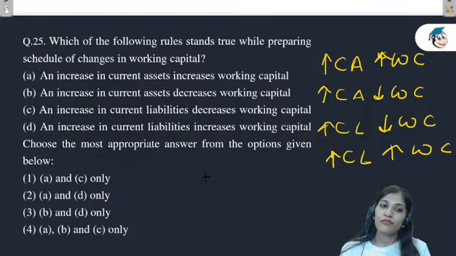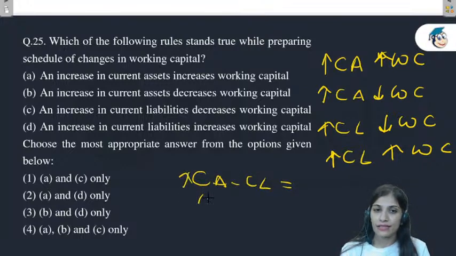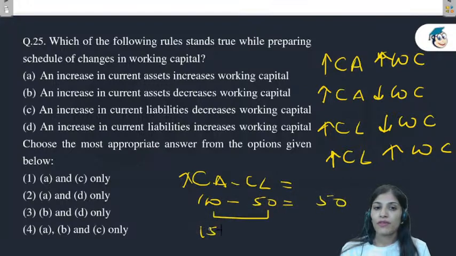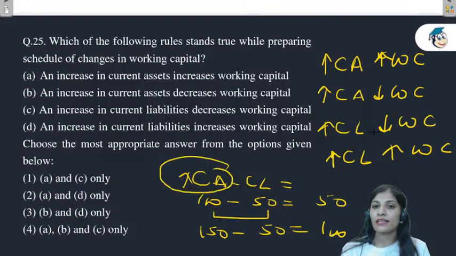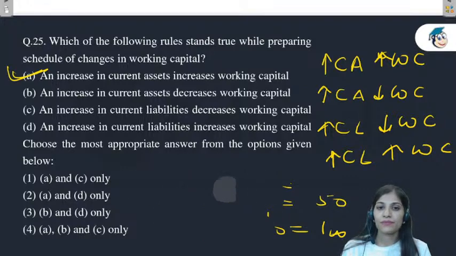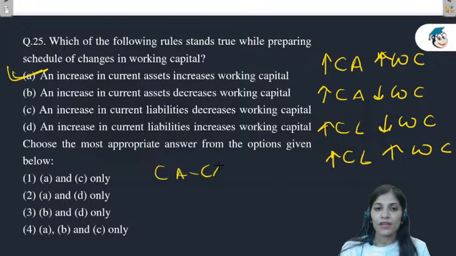See, if there is an increment in current assets, for example, 100 minus 50, there's 50. 150 minus 50 is 100. So we can say if increase in current assets, there will be increase in working capital. So this is right. Correct. Just giving you a very simple example. CA minus CL. If one is correct, then D cannot be correct.